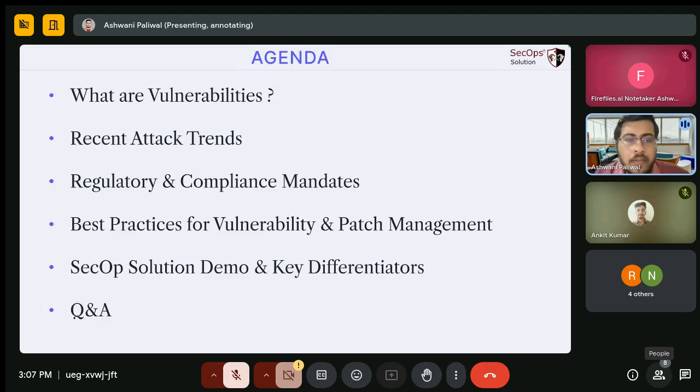We'll cover the regulatory and compliance mandates around vulnerability and patching, and the best practices we have learned over time working with hundreds of customers, based on their feedback and what the industry standard says for VM and patching. Lastly, we will address some of the problems we are solving through our product SecOps Solution. Then we'll open the round for Q&A.